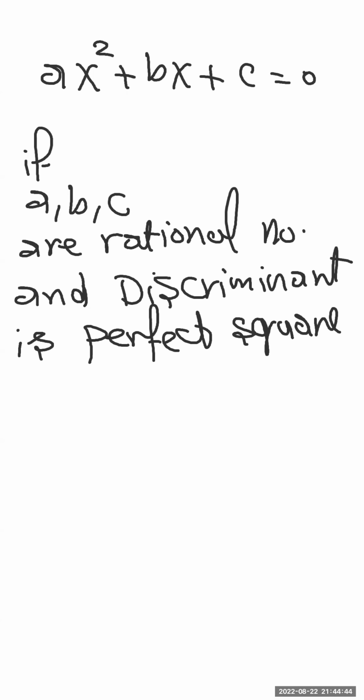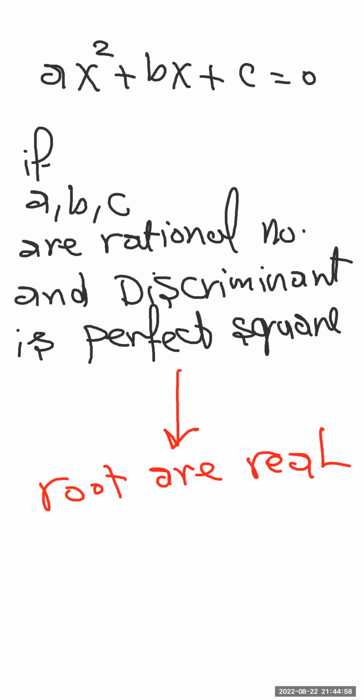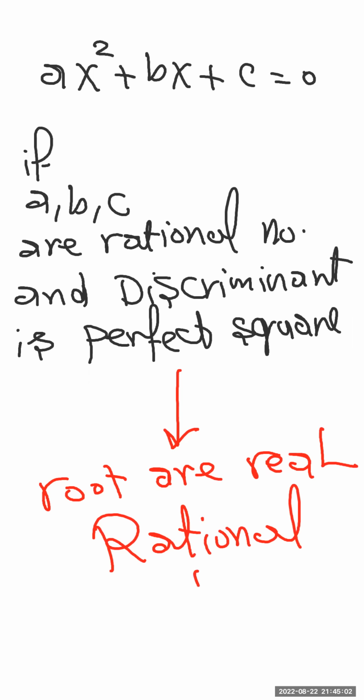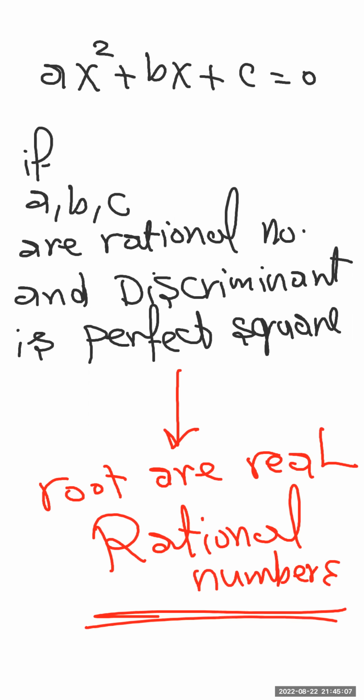So what will be my conclusion? The roots are real rational numbers. So this is the first case: three coefficients are rational, discriminant is a perfect square, then the roots are real rational numbers.